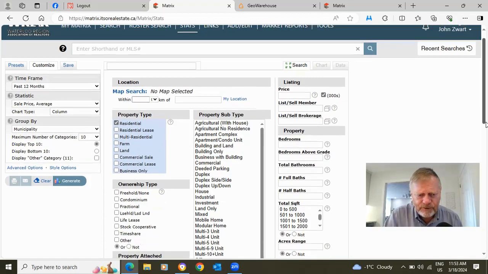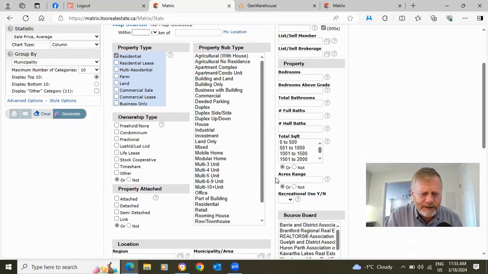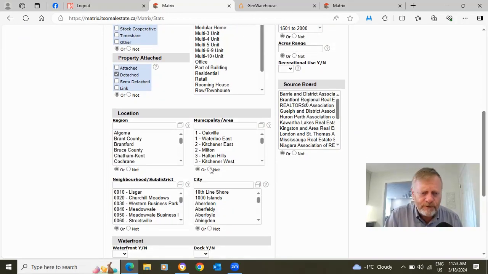Let me scroll down here for a bit. And we're going to do just detached homes and freehold. And we're going to do Wellington County.